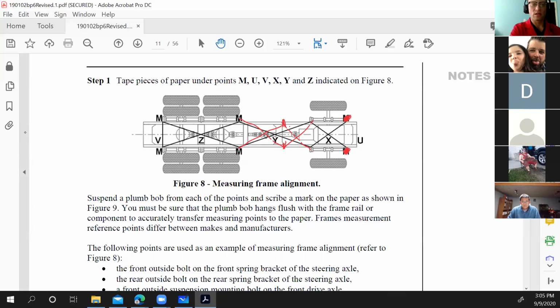And what we'll end up doing is exactly what they say under here. We're going to take pieces of paper under all of these different spots. We're going to use a plumb bob, which is just a string with a really heavy weight on it. Okay, that's going to hang down. We'll hang it at each one of these spots and transfer a mark onto the floor.